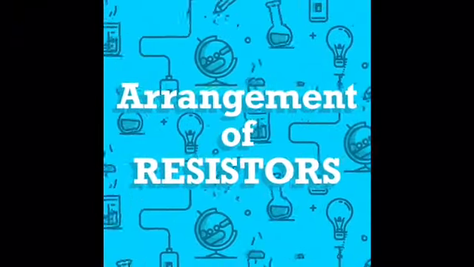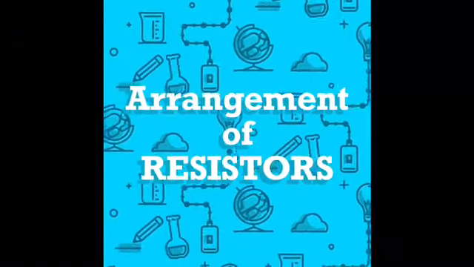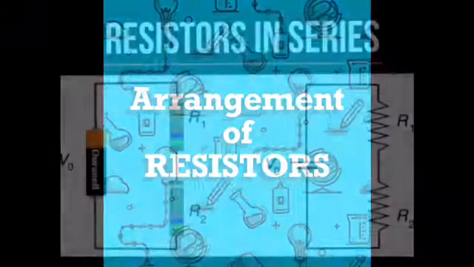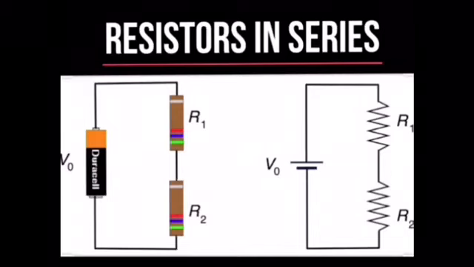Let us know the arrangement of resistors in the circuits. Let's see. So this is a simple diagram of resistors in series, where you can see the resistors are connected end to end, or you can say they are connected in a linear way.